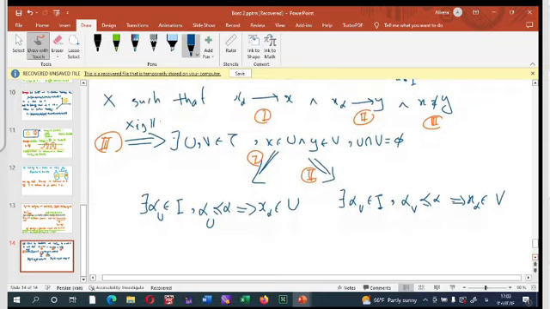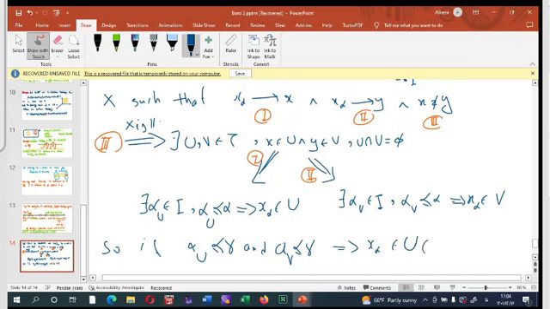But this is a directed set. So if gamma is greater than alpha_U and greater than alpha_V, we have these two properties: x_gamma must belong to U and must belong to V. This is a contradiction because these two sets must be disjoint.